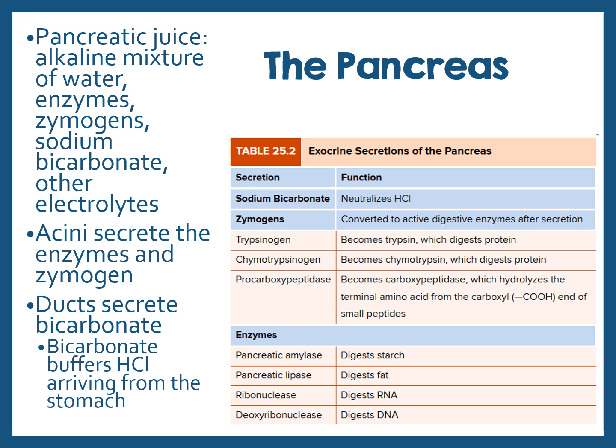And those ducts will also be releasing that sodium bicarbonate, which will function to neutralize the stomach acid because that chyme has hydrochloric acid in it, and that would literally burn a hole through the intestines. So we got to neutralize that acid, which is where the sodium bicarbonate comes into play.